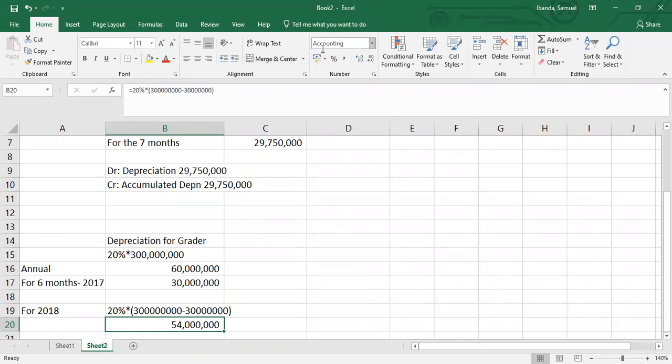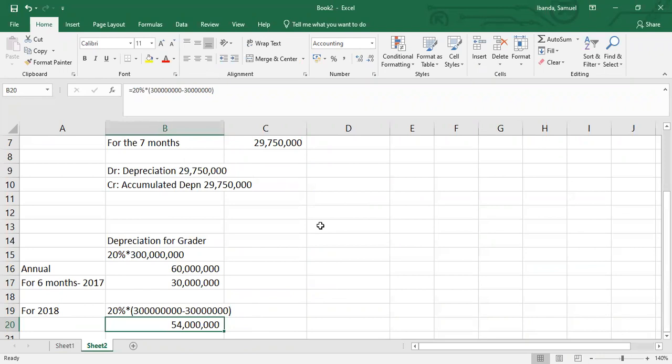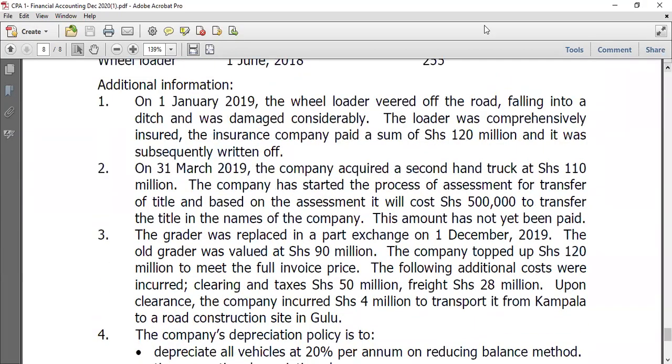So that is how we got that 54 million, which we recorded here in our books of accounts. So I hope that is clear. That is what I wanted to stress.